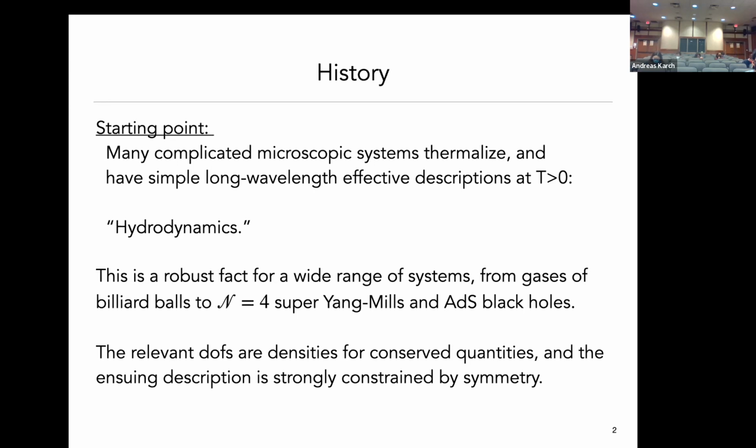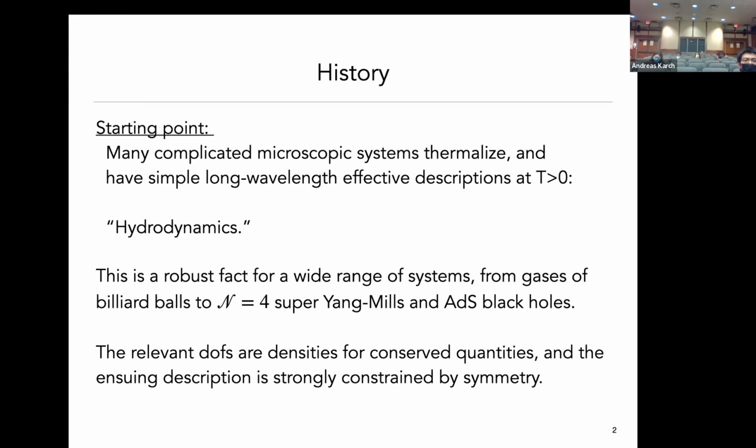The things I want to focus on are the robustness and the simplicity of these effective descriptions, and the way in which all of the details of the potentially strong correlations that underlie it are subsumed into coupling constants of these very simple effective field theories or effective descriptions.